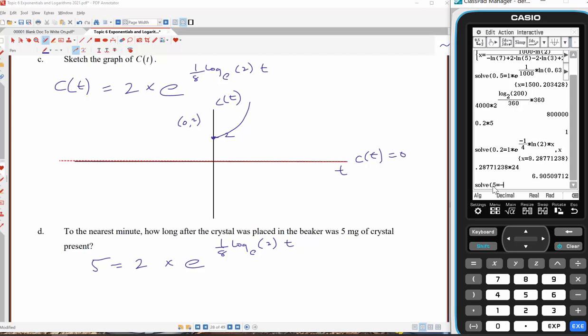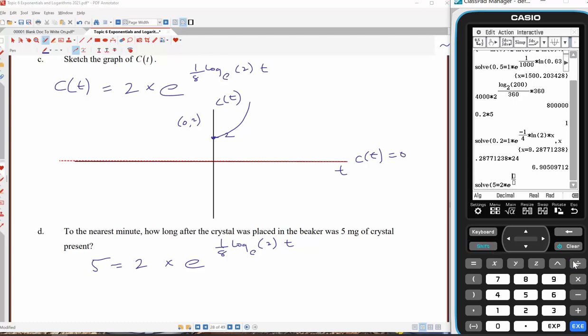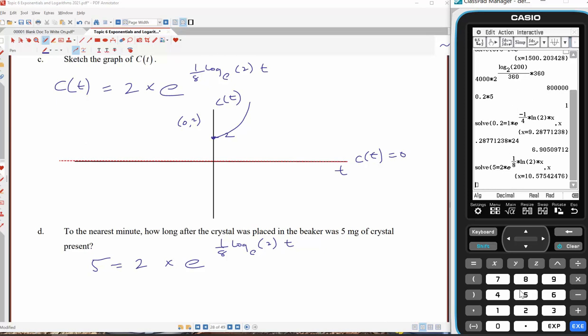Solve 5 equals 2 times, okay, shift 4, shift divide 1 over 8. I'm really careful with using all the templated options here, otherwise I put things in the wrong spot.